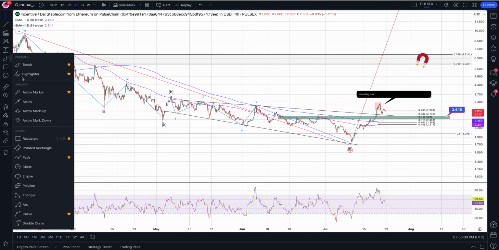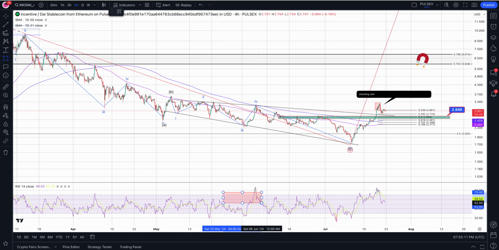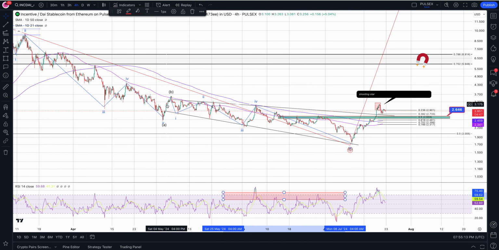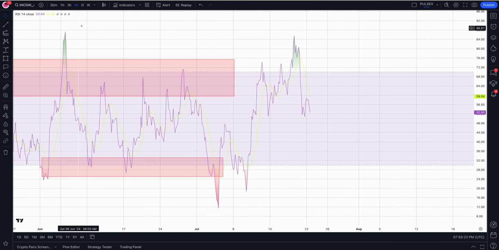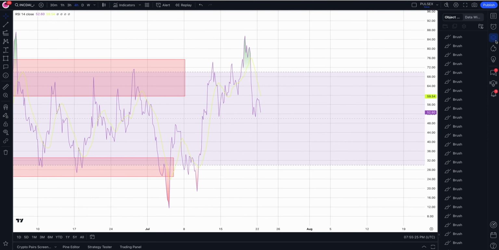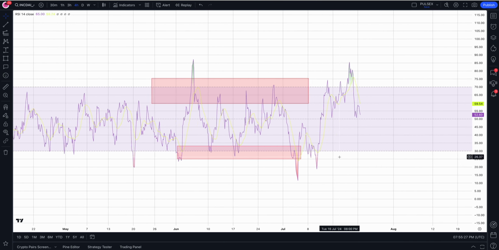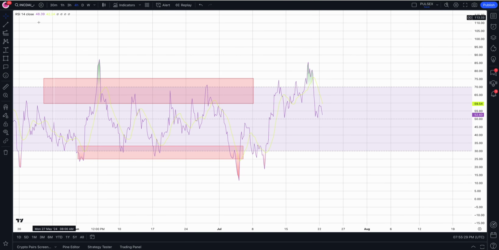So you can see that the RSI was, while price was oscillating within this descending broadening wedge, price was respecting this range here on the RSI. And then what did we do over here? We swept this range to the downside. Okay, we swept this range right over here.